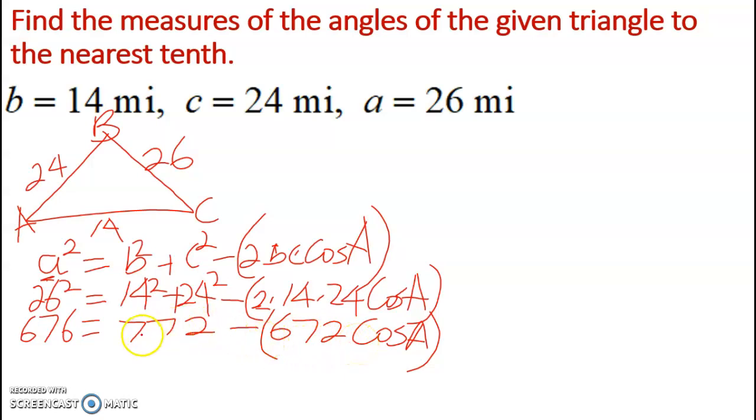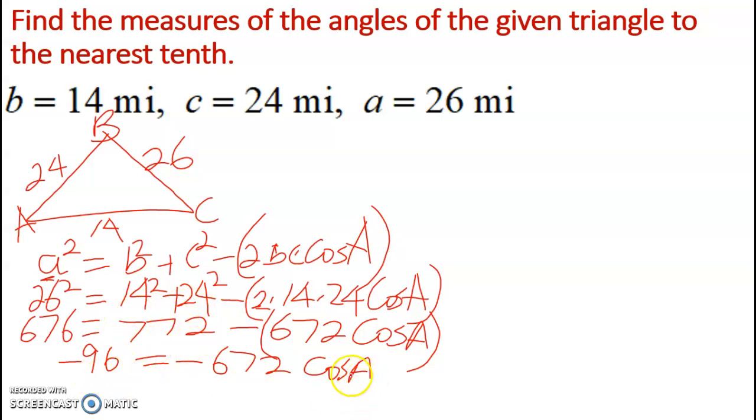So if we subtract 772 from both sides, we're going to get negative 96 is equal to negative 672 cosine A. Again, subtract 772 from both sides, and then you have this left to remove this term.